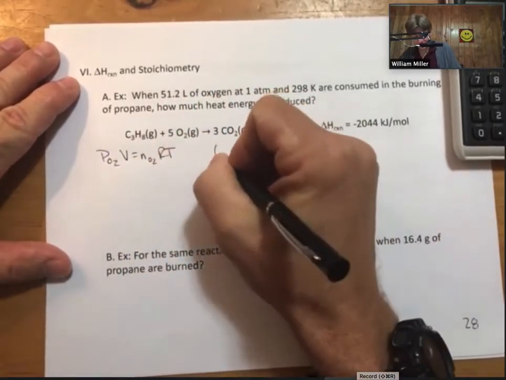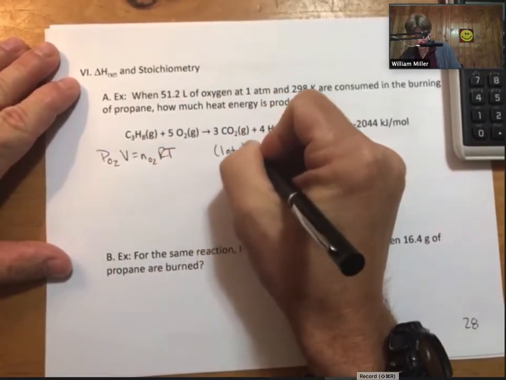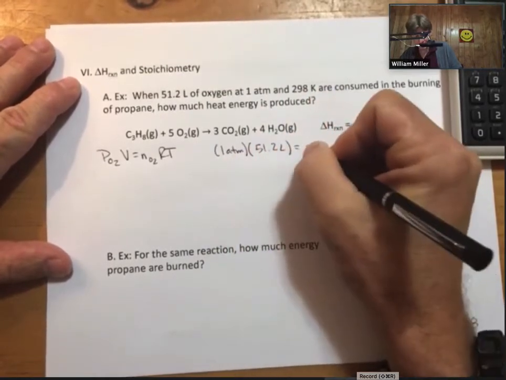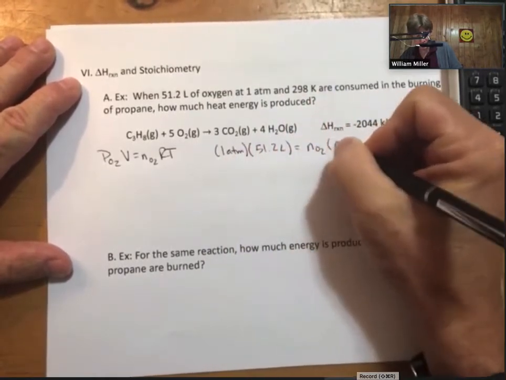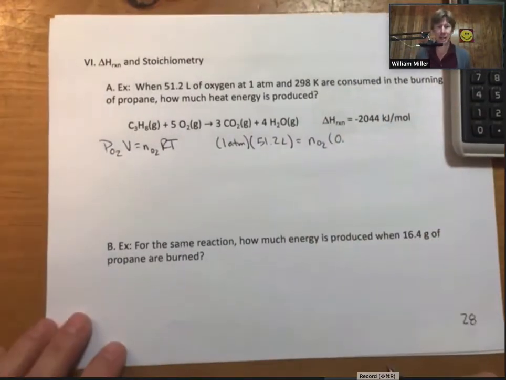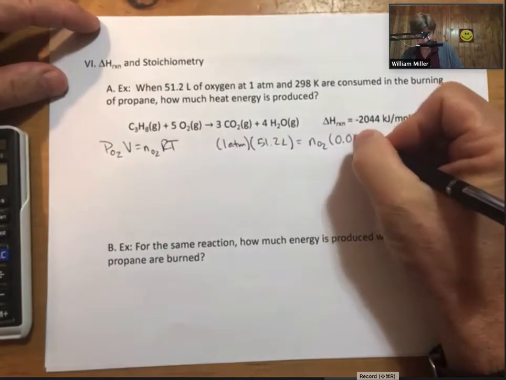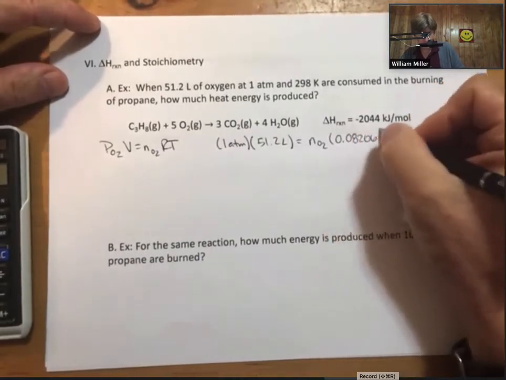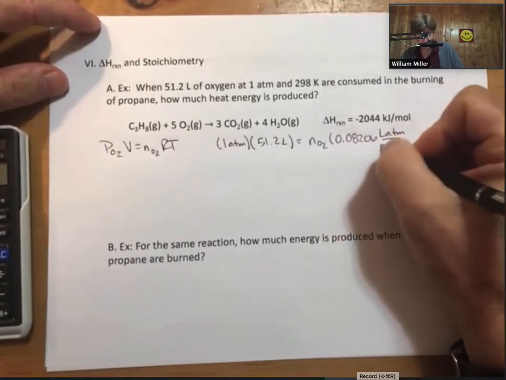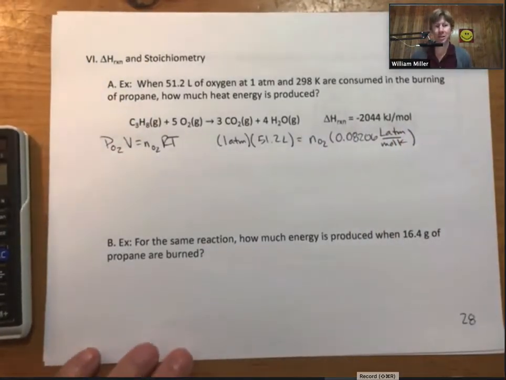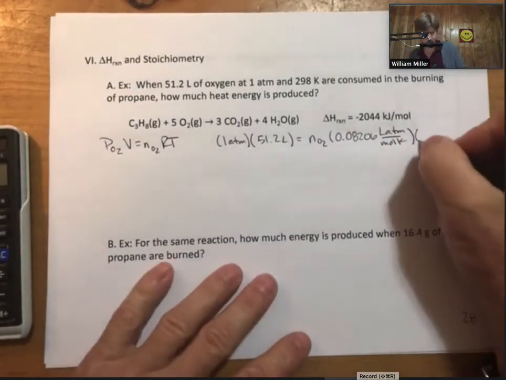I know my atmospheres. I know my volume. I don't know my moles. I know my ideal gas law constant, 0.08206 liter atmospheres per mole Kelvin.